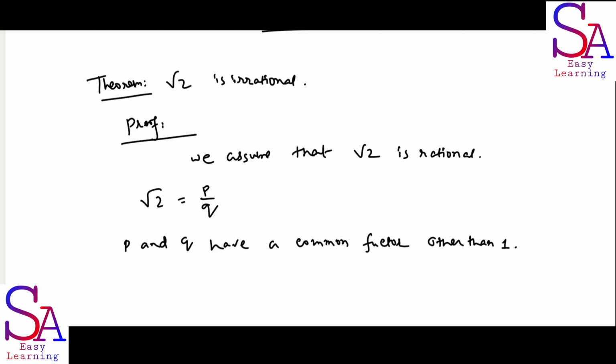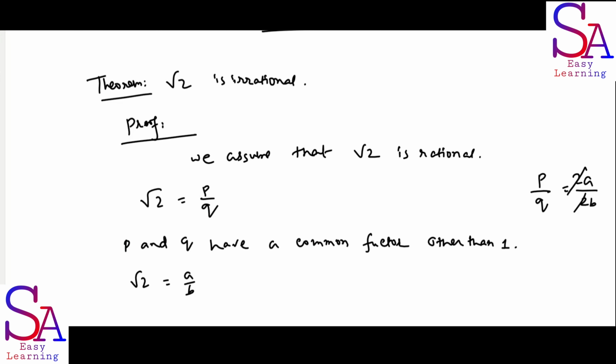Then we divide by the common factor to get root 2 equal to a by b. For example, if we consider that P equals 2a and Q equals 2b, we get the common factor other than 1, that is 2.